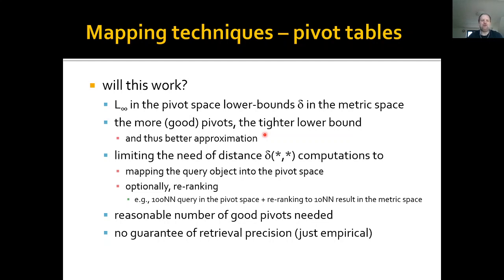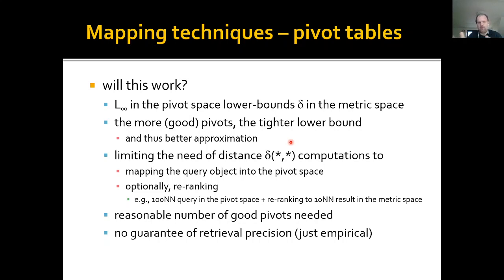So with adding more good pivots, we basically tighten the lower bound, and this means 2 things. We can improve the exact search and also the approximate search, because a tighter lower bound means better approximation of the distance. Of course, we cannot do it for some extreme numbers of pivots, because then we get the overhead of mapping much larger than the speed up.